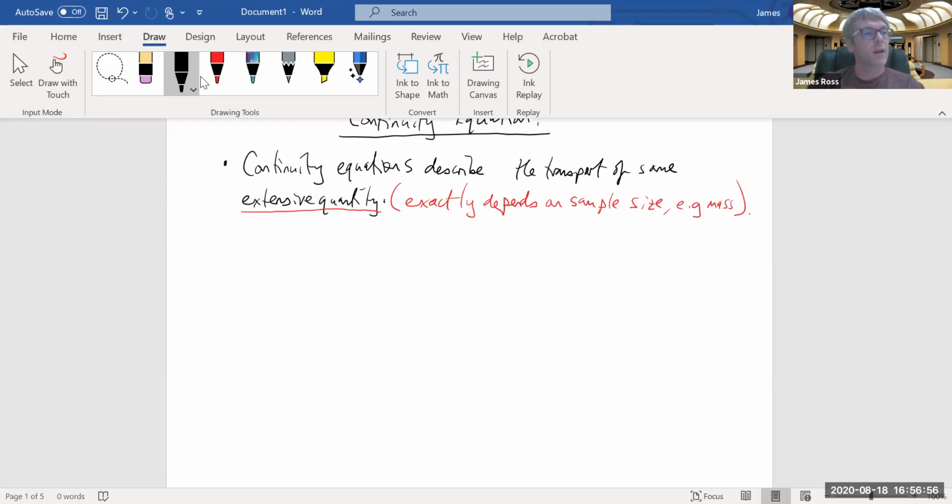So continuity equations are stronger versions of conservation laws. That's what I was saying. I'm keeping the suspense about what it actually looks like. Hopefully that's exciting. Stronger versions of conservation laws.